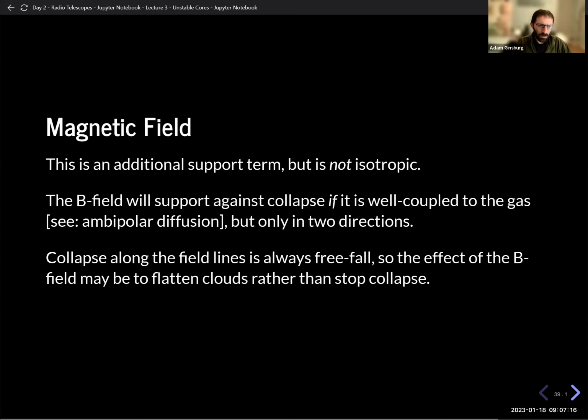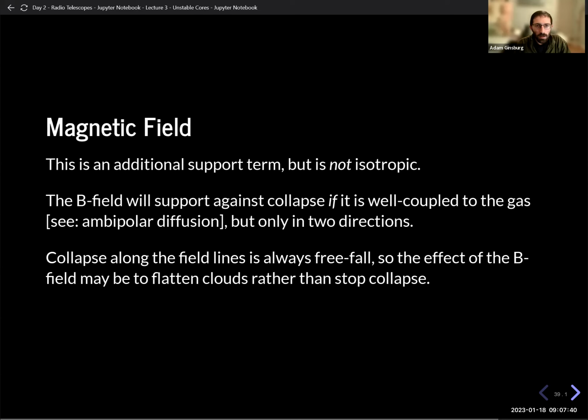So the magnetic field, I'll just say briefly, is an additional support term, meaning it fights against gravity, but the magnetic field is not isotropic. It also has the problem that the magnetic field doesn't couple very well to neutral gas. Most of when we're talking about molecular gas, it is neutral.